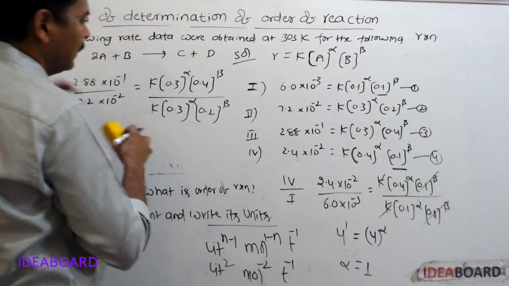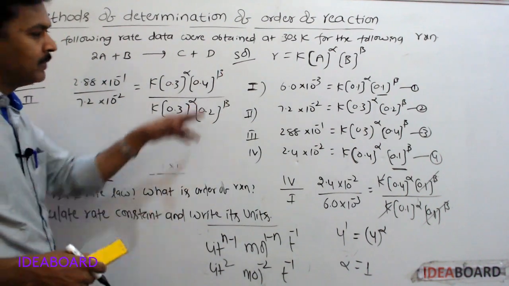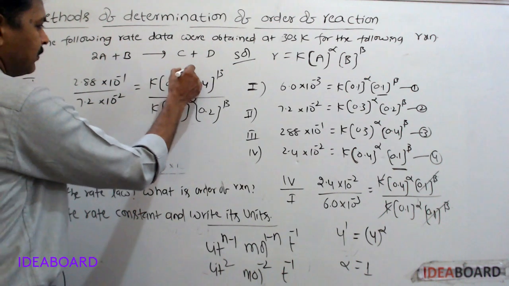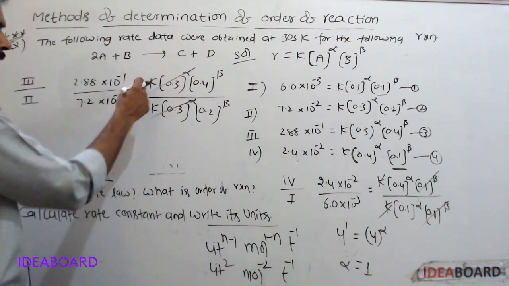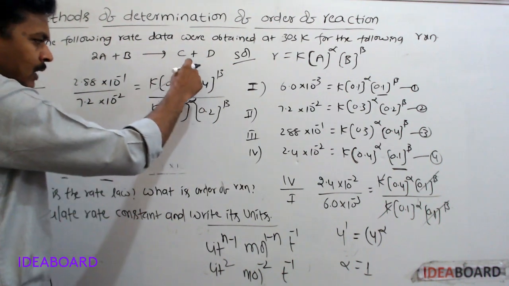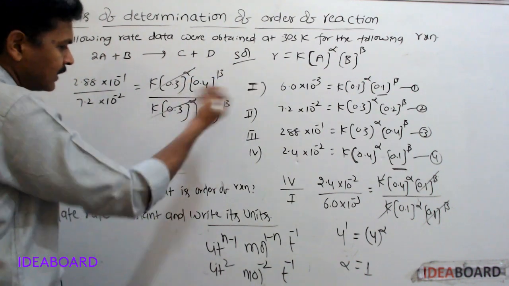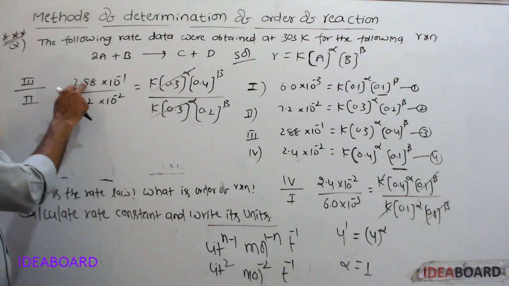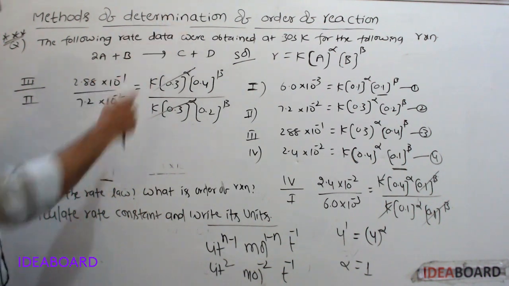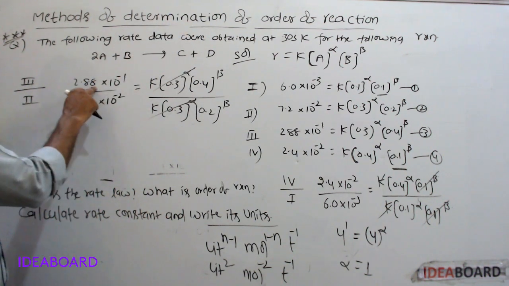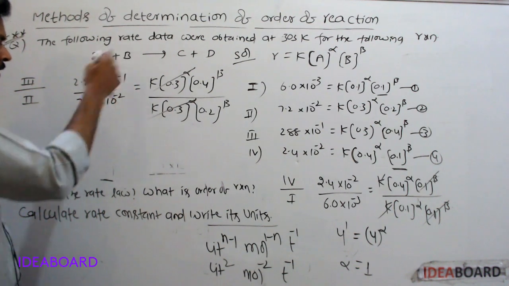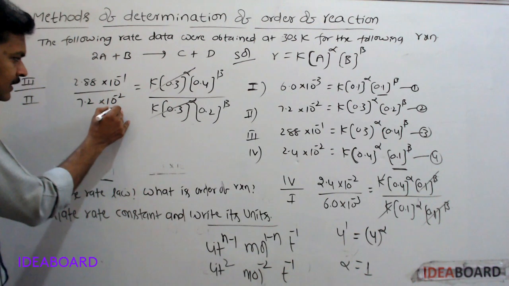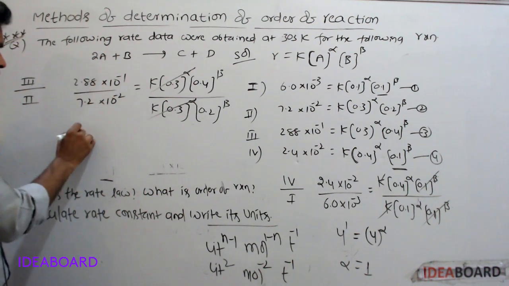We should calculate this beta value. That beta is nothing but order with respect to B. K will get cancelled. 0.3 power alpha divided by 0.3 power alpha will get cancelled. 2.88 into 10 power minus 1 we can write 28.8 into 10 power minus 2. 10 power minus 2 will get cancelled. 28.8 by 7.2 means 4.